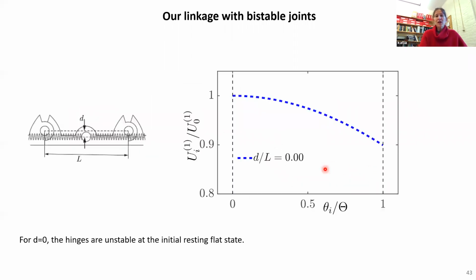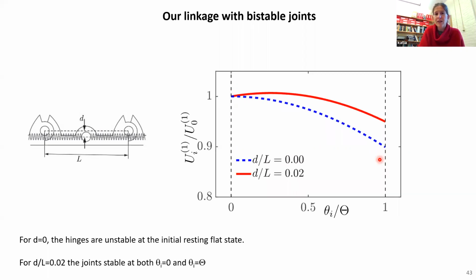Let's understand how these springs affect the energy landscape. First I choose D equal to 0, and I plot the energy. I see that the hinges are unstable for theta equals 0. There is only a minimum when theta equals capital Theta, so the structure is not bistable in this case.